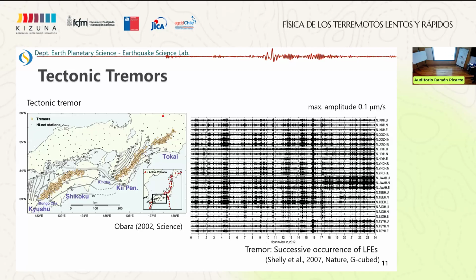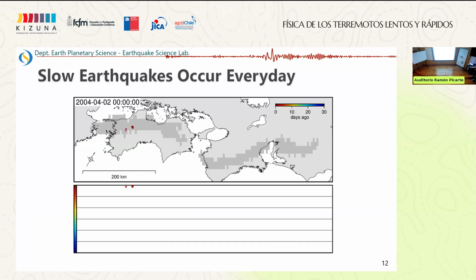It can continue for a very long time, successively like this, intermittently. And now we can monitor the occurrence of this kind of tectonic tremor automatically.